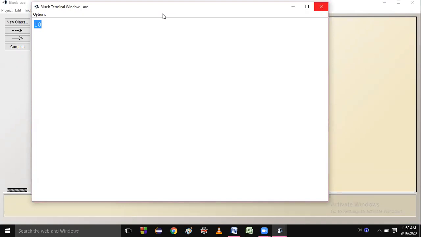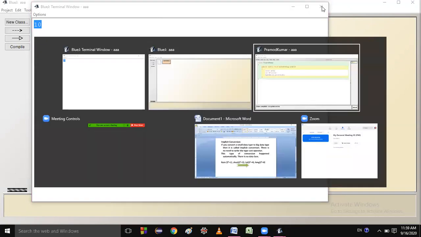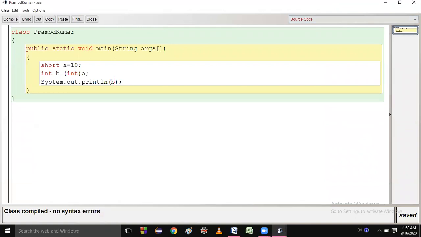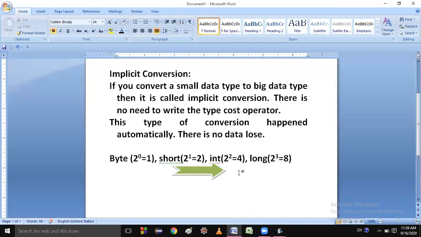Okay. So can you tell me what is the size of float? Can you tell me what is the size of float? No, sir. When will you know?